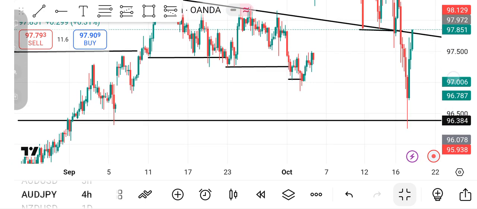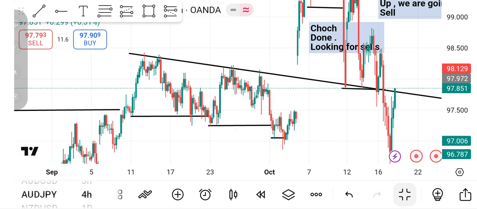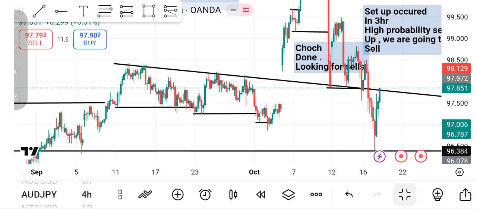Now, in this 4 hour time frame right here, what am I looking at? I'm looking for liquidity, right? Whenever you do your top-down analysis, always wait for liquidity.